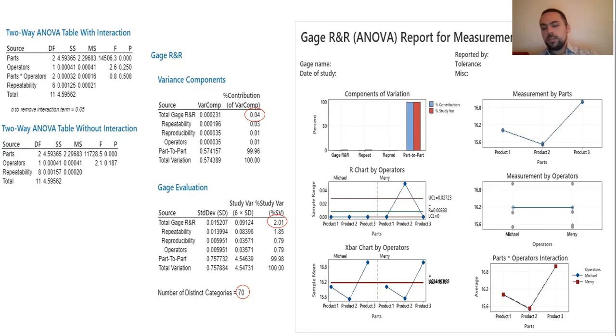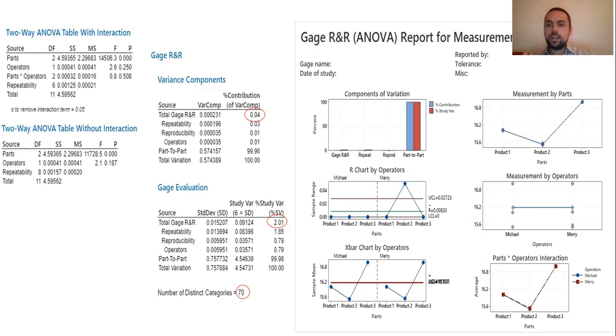But about the charts, please pay attention to the last two charts. We can see that the measurements of both operators are approximately the same. It shows that there is no reproducibility issue, no difference in their measurements. They are approximately the same and cover each other.